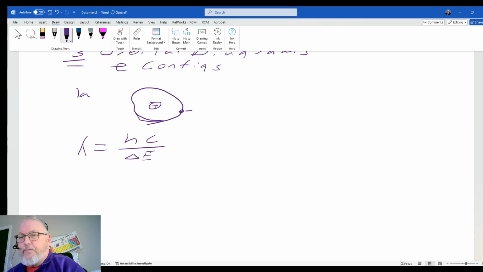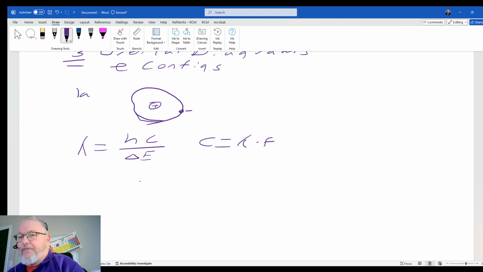Another one is c equals lambda, the wavelength of the light, times the frequency of the light wave. So if we know wavelength, we can calculate frequency, because we know what the speed of light is.